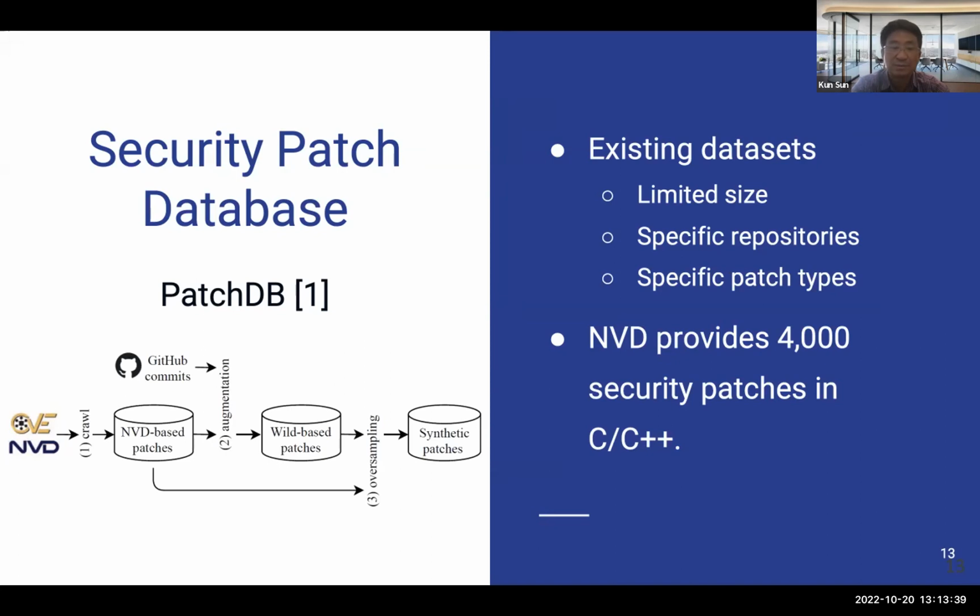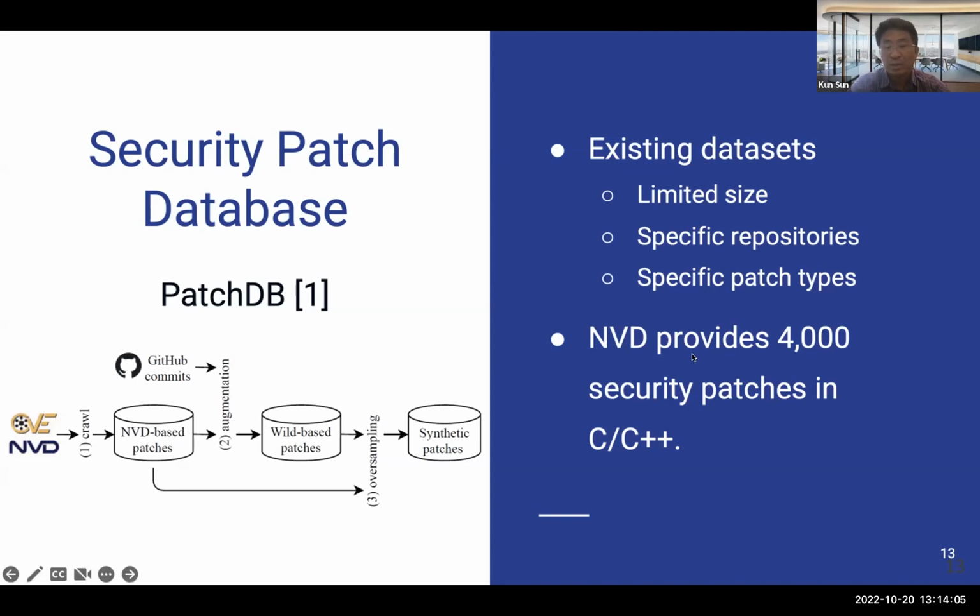In other words, there is a lack of a really general security patch database that provides a large number of patches. On the other side, we also need a database for non-security patches. We want to make sure the non-security patch database really does not contain security patches.